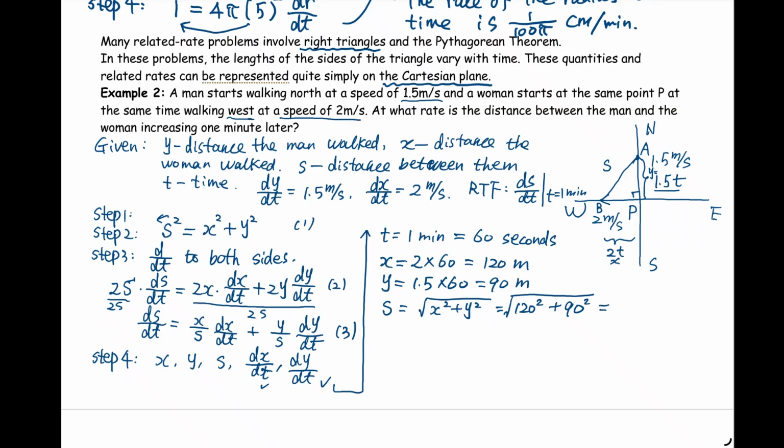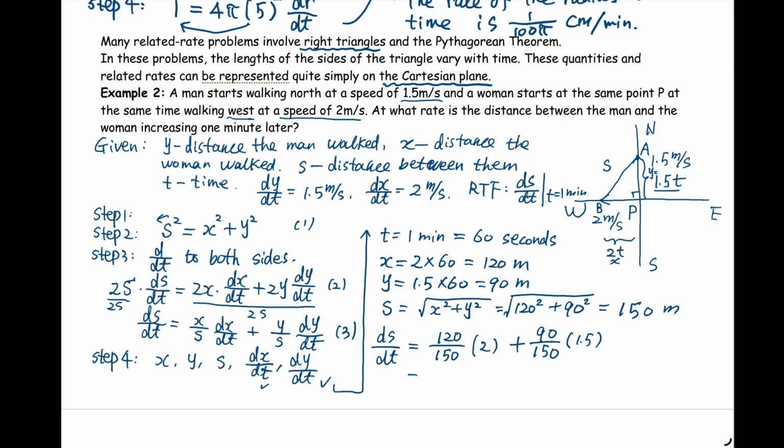Then we are going to sub everything into this equation. So ds/dt equals x, 120 over 150, times dx/dt, which is 2, plus y, 90 over 150, times dy/dt, which is 1.5.